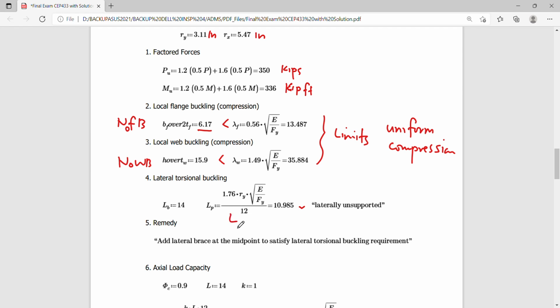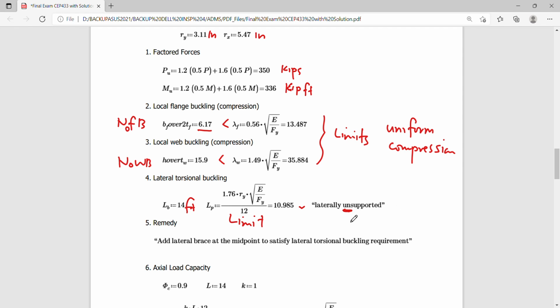This is the limit for your lateral bracing to ensure plastic behavior as far as the moment capacity is concerned. The braced length is end to end of the beam, which is 14 feet. Therefore, this exceeds the limit, and your beam is laterally unsupported.